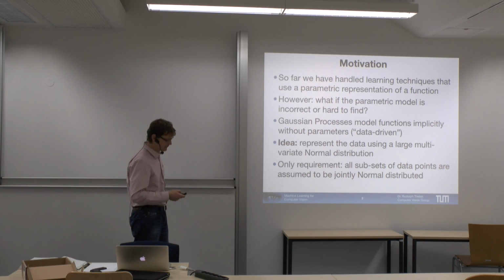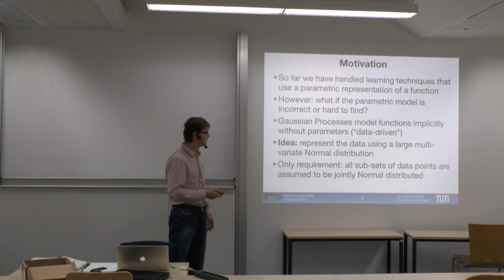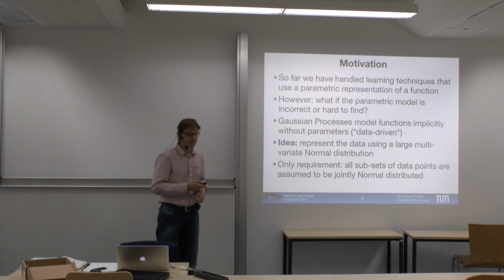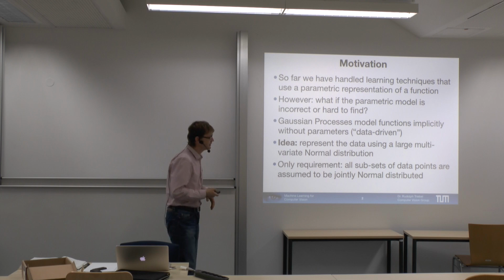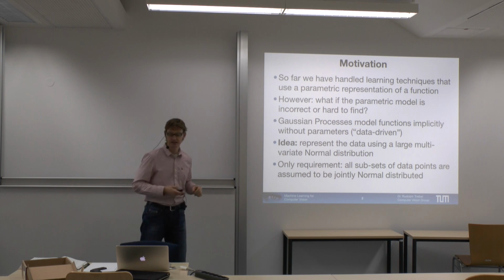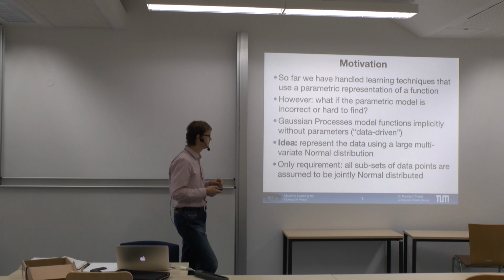The whole idea is that we represent the data using a large multivariate normal distribution, a Gaussian, where every data point in the training data is one variable in that very large multivariate normal distribution, right?